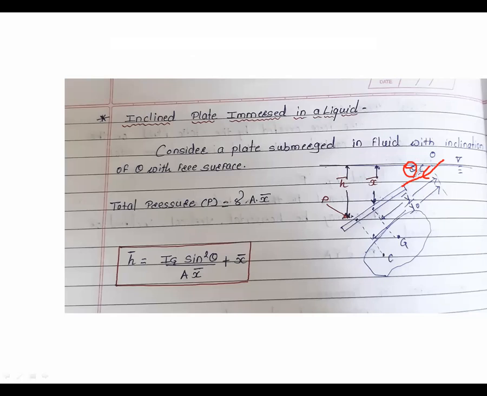So the total pressure P equals gamma A into X bar, and H bar equals Ig sine square theta upon A x bar plus X bar. This is the particular formula, and we will use it for calculating the problems.